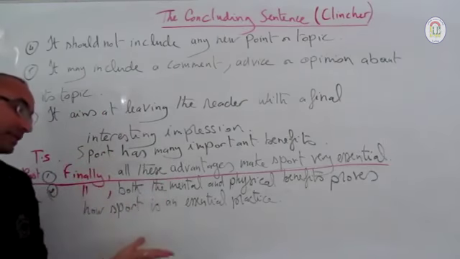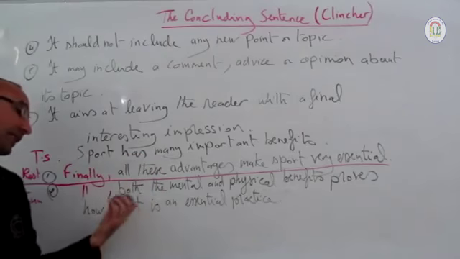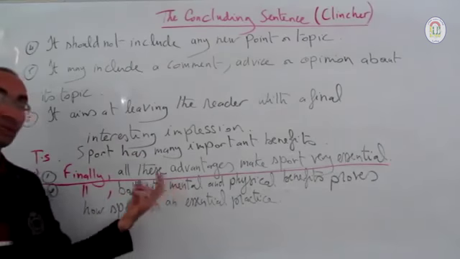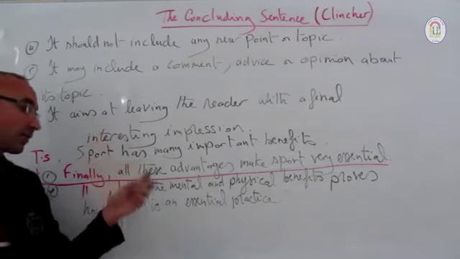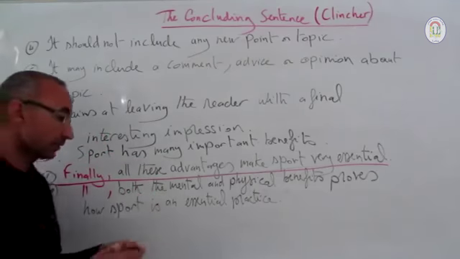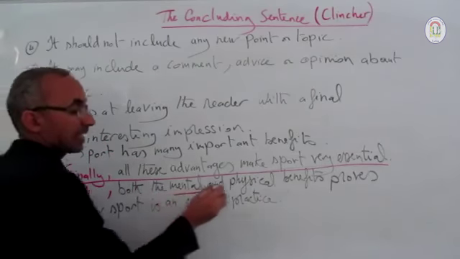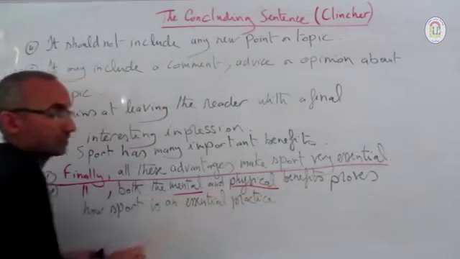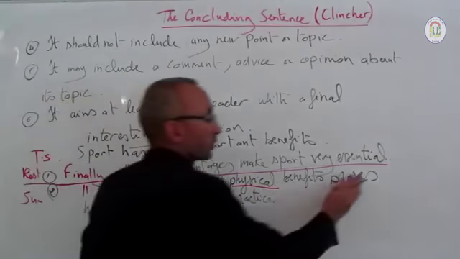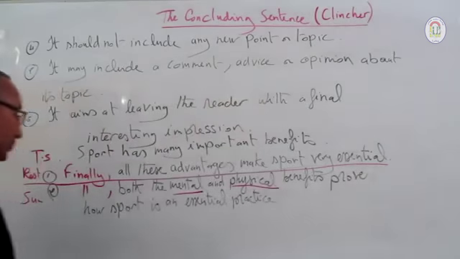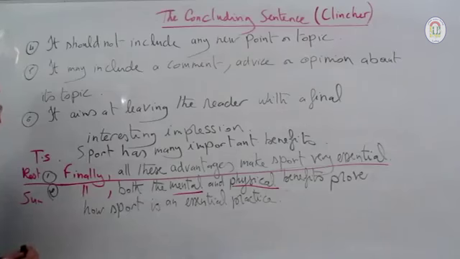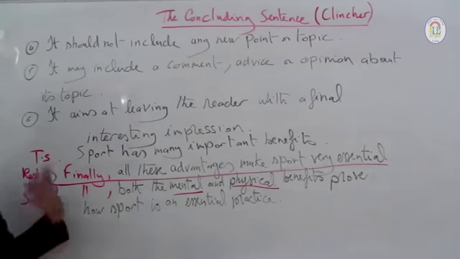In my last sentence, the last part of the paragraph, I mentioned the main two points, which are both the mental and the physical benefits, prove how sport is an essential practice. So this is the end of our lesson.